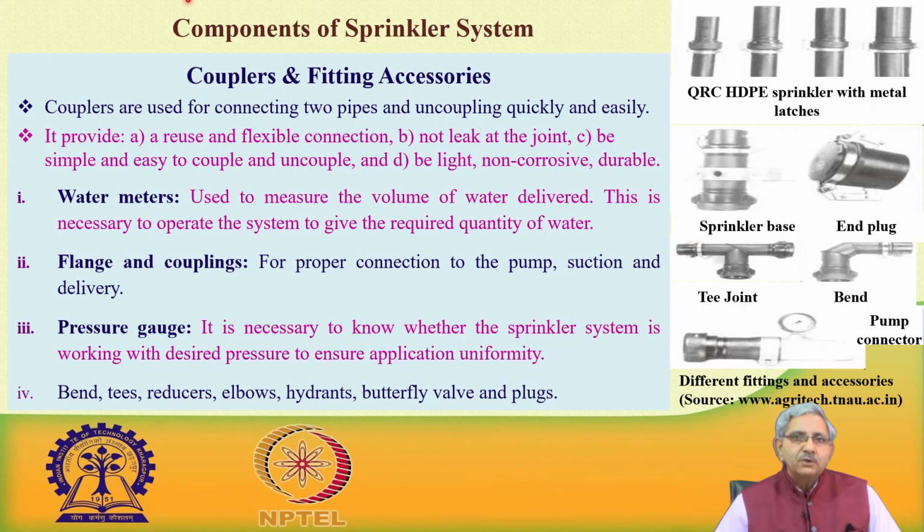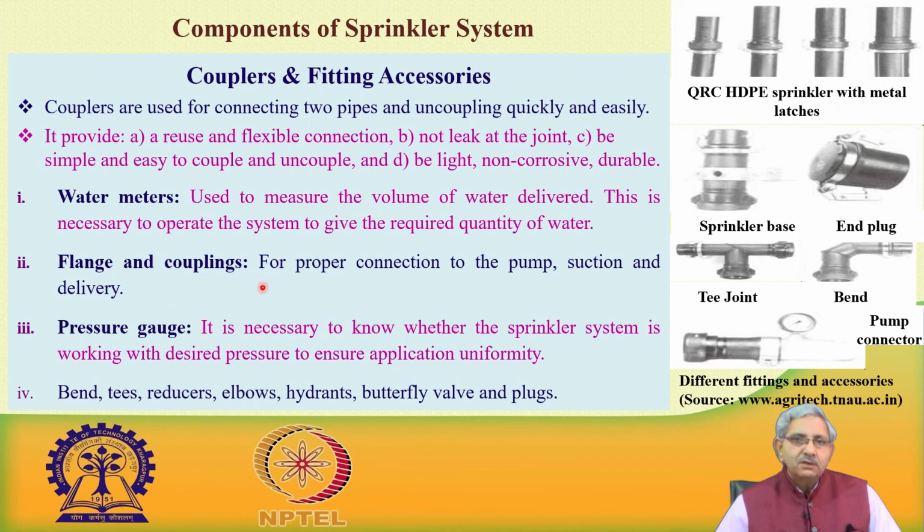Now, other components of the sprinkler system are very important, as important as the sprinkler itself, because these are needed. Couplers for coupling the pipeline, a water meter to monitor the flow, flanges and couplings are required for proper connection to the pump, suction and delivery end.